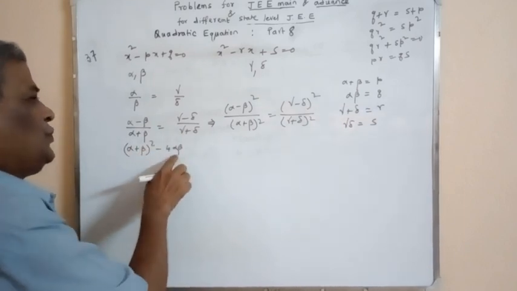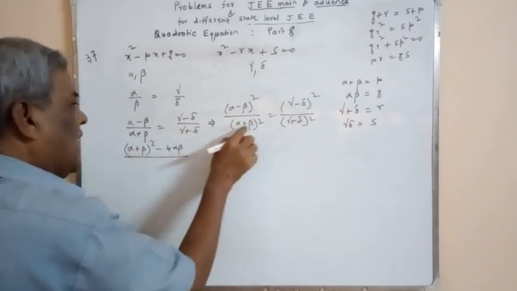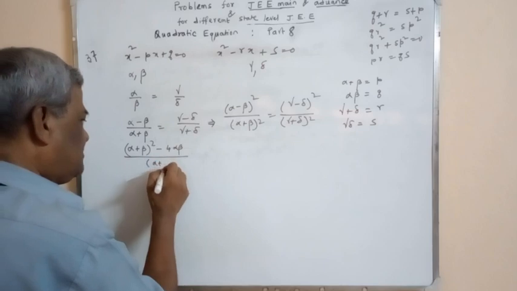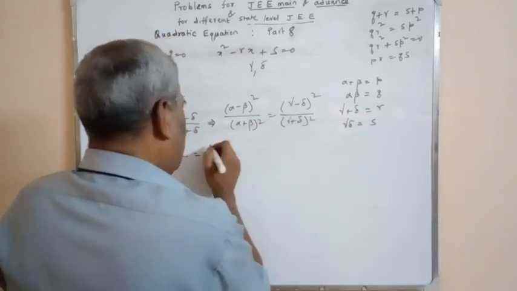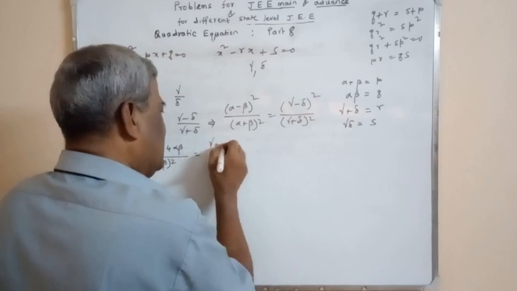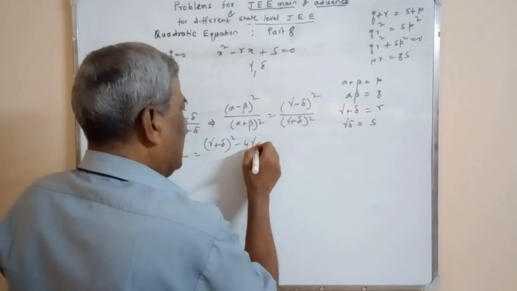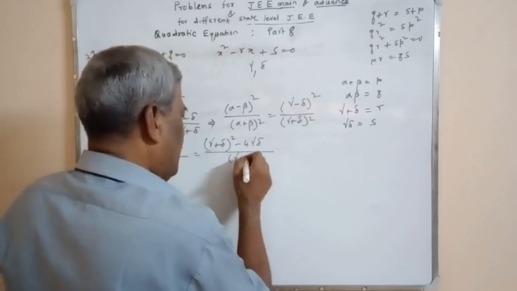Now this is known, this is known. So by alpha plus beta itself is known, so keep it intact, is equal to, same way, gamma plus delta whole square minus 4 gamma delta by gamma plus delta whole square.